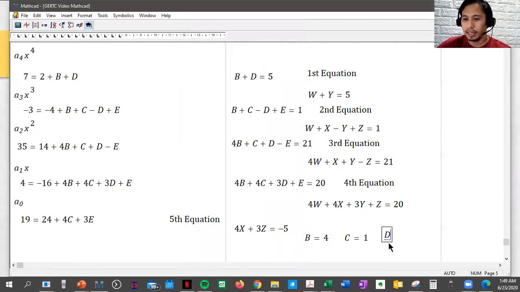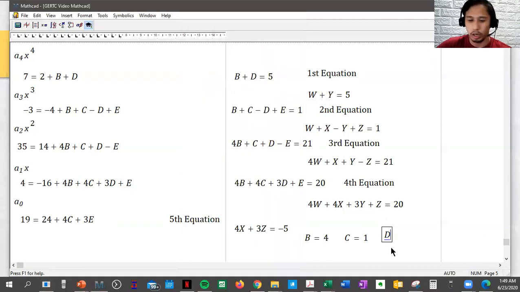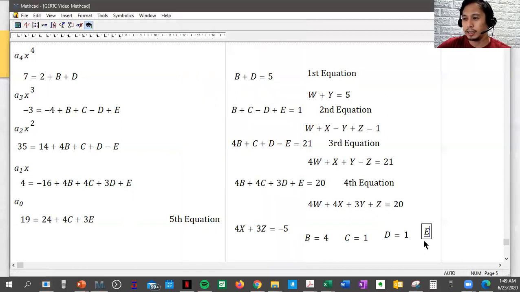Next, D. D is also, Y, no, is 1. So that is the D. D is 1. Okay ba? It's also 1. And Z is negative 3. That corresponds to E in our variables, negative 3.